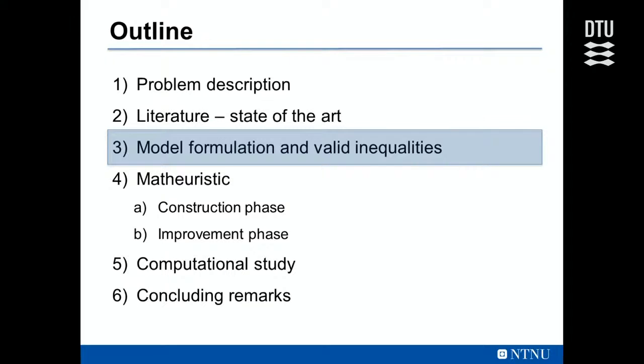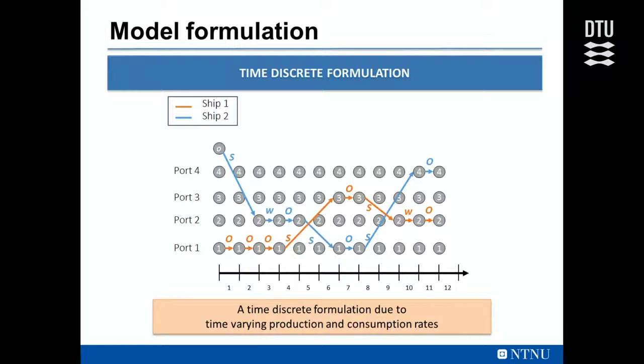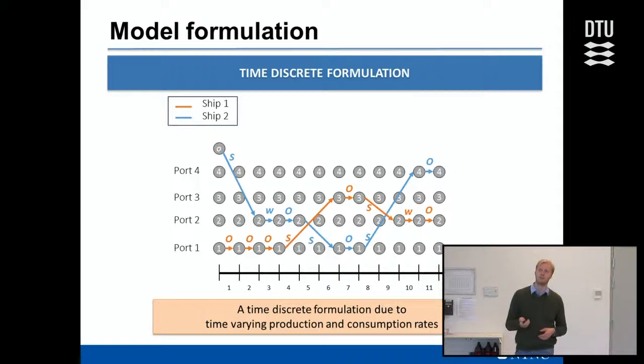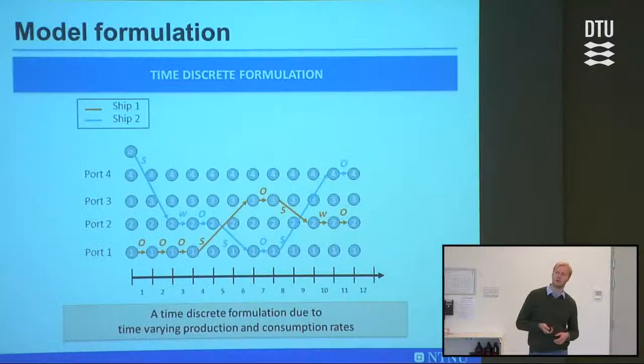So the formulation, we use something called a time discrete formulation. So each port appears in the network at each point in time. So we have port number 2 on day 1, day 2, day 3, and so on. And then a path through this network describes how the ship moves.